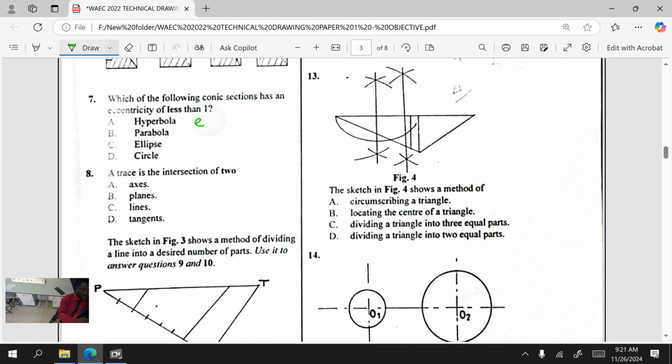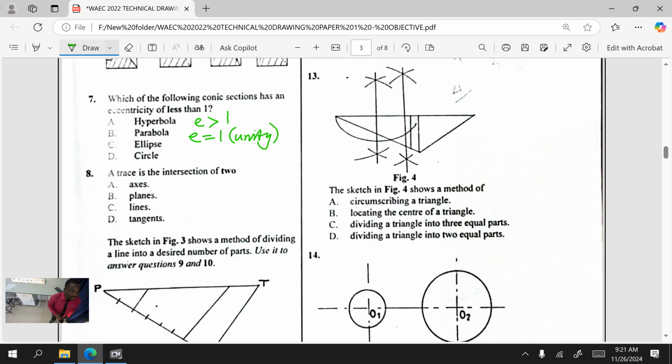For hyperbola, eccentricity is always greater than 1. For parabola, it's always equal to 1. And most times in drawing, we refer to 1 as unity.